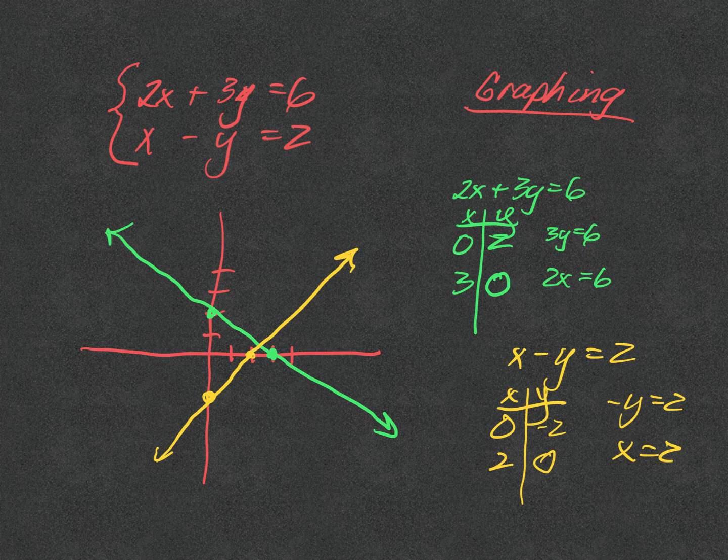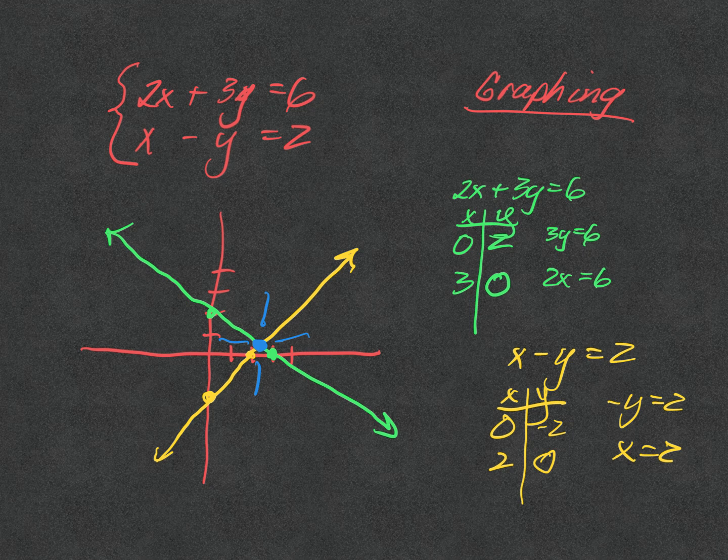So where do you suppose the solution would be? What do you think? You are absolutely correct. The solution is where the graphs cross. If the graphs cross, that point is where the solution is.